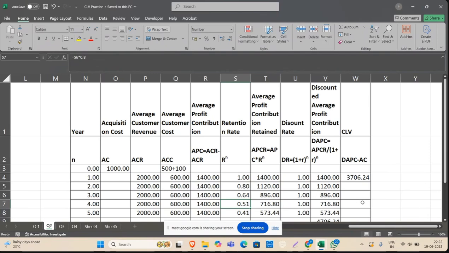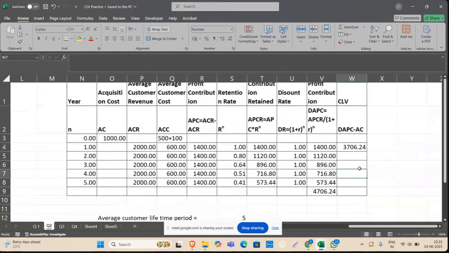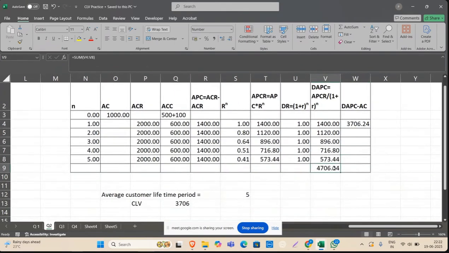Got it? Okay, and then the last one, CLV. After you calculate the total of the discounted profit contribution, from this you deduct the total acquisition cost. Acquisition cost is not given in every question.